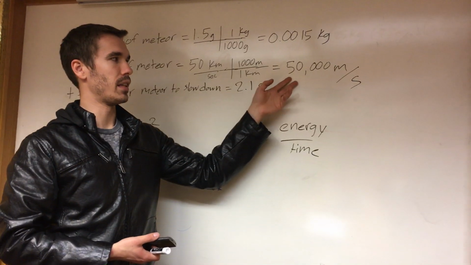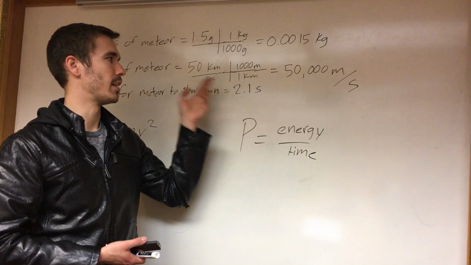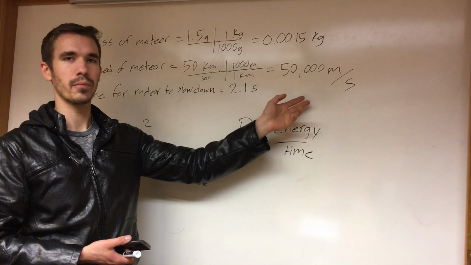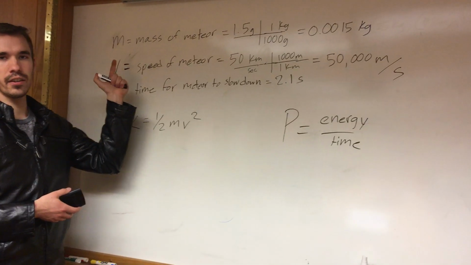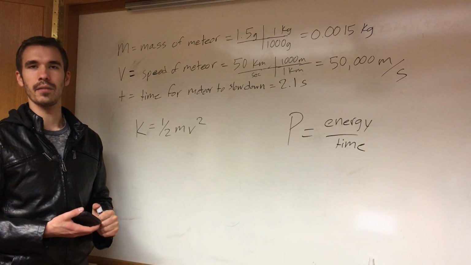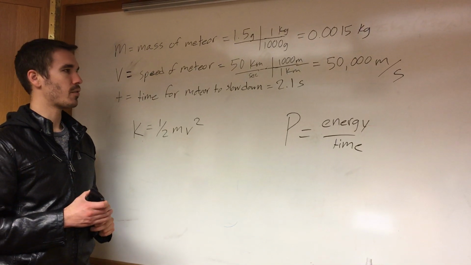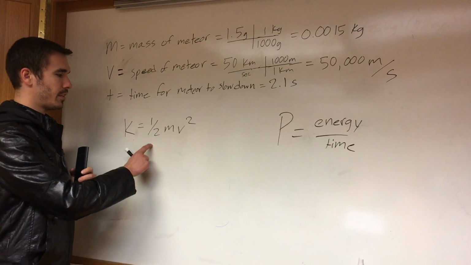So we get 50,000 meters, and then it was kilometers per second, so it's going to be meters per second. And so that gives us both our mass of the meteor in kilograms and our speed of the meteor in meters per second.